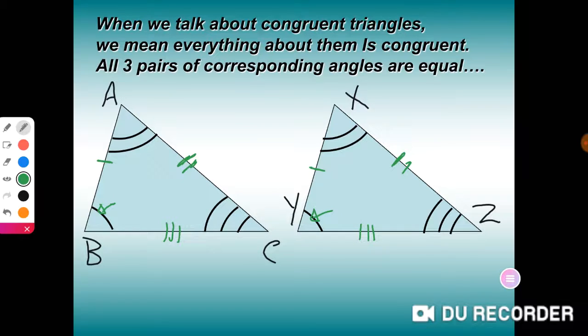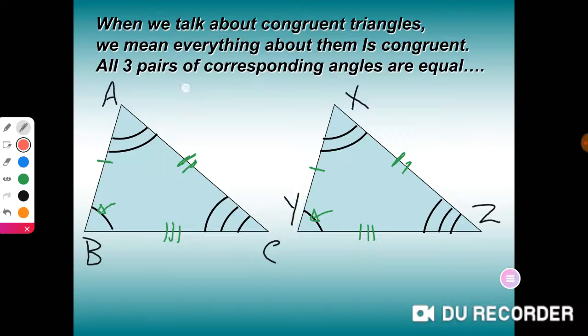Okay, so let's list the corresponding parts in the first triangle to their corresponding parts in the second triangle. So here we have three pairs of congruent sides and congruent angles.